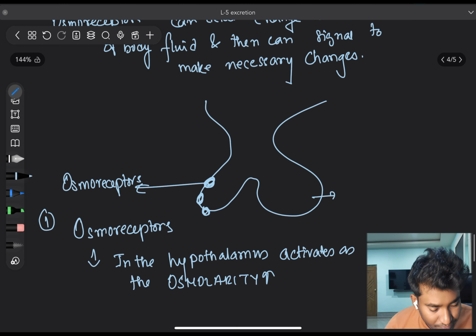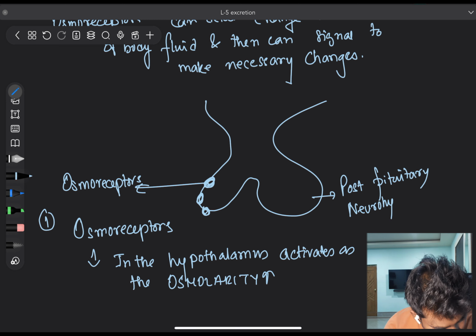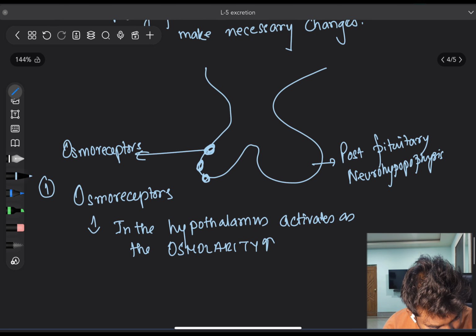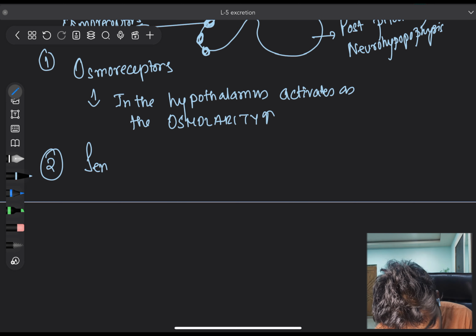Okay, the post pituitary, that is the neurohypophysis.